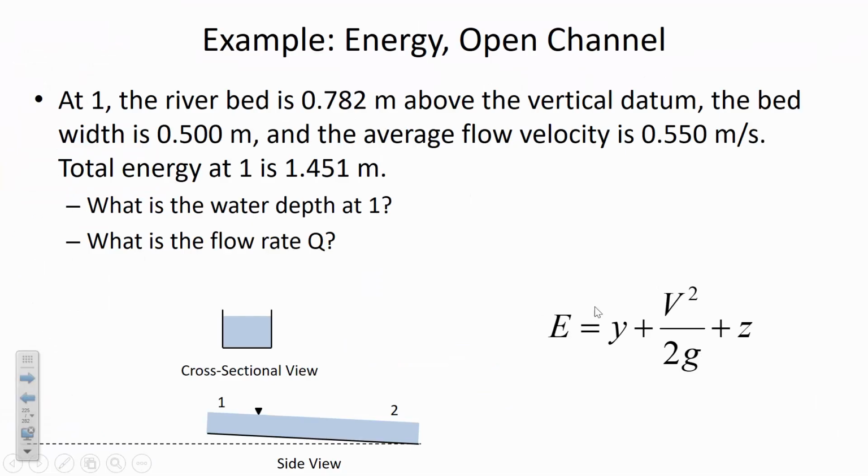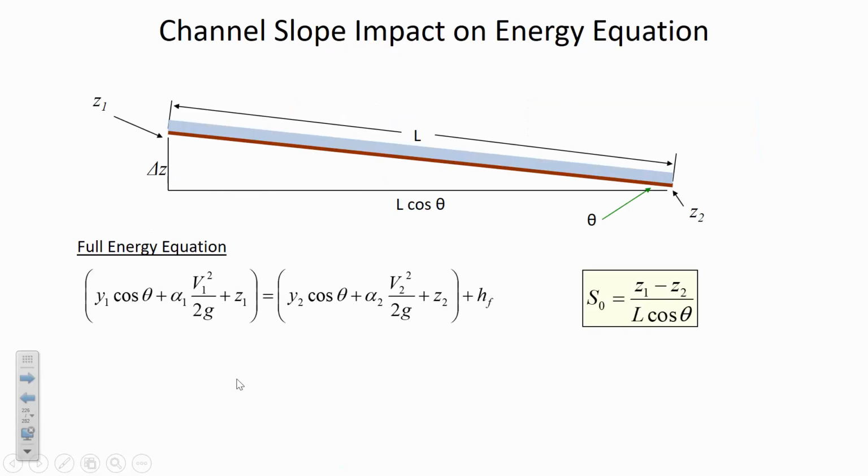So this E is called specific energy. And we're wanting to find what's the energy at a given location above the datum. If we have an inclined channel, we will usually make a simplification that I want to talk about.